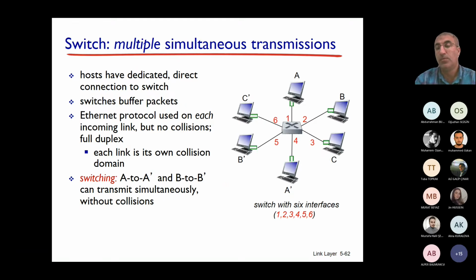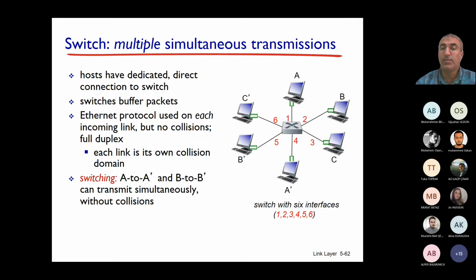How does this learning happen? Before that, let's look at the multiple simultaneous transmission feature of the switch. Each host has a dedicated direct connection to the switch, as you see: interfaces 1, 2, 3, 4, 5, 6. Ethernet protocol is used on each incoming link, so that's why there's no collision, and it provides full duplex communication.